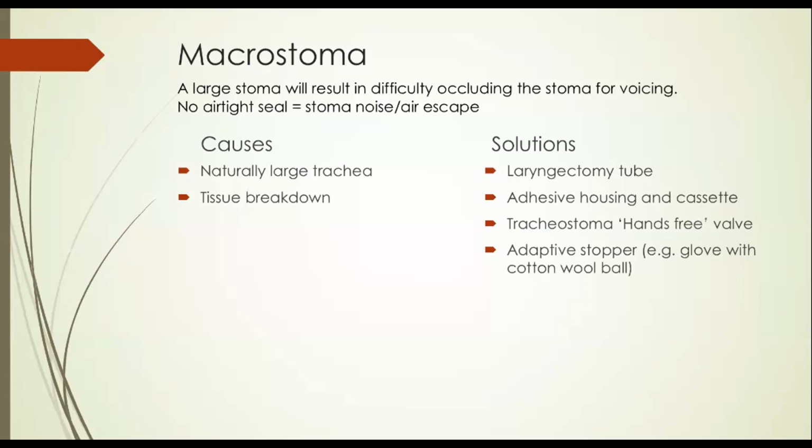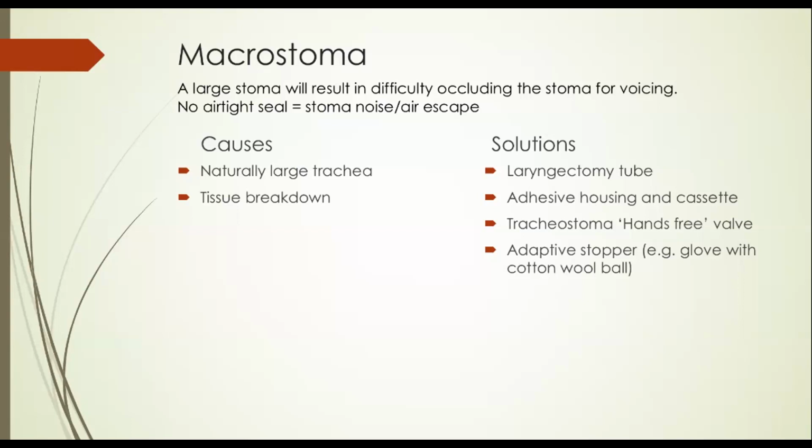For the big stoma, we can issue them with a Larry tube, because that just helps create a smaller space through which to occlude. We sometimes need to issue them with adhesive housing or a cassette that then sits in that stoma, and that then also creates a smaller space that's easier to occlude.